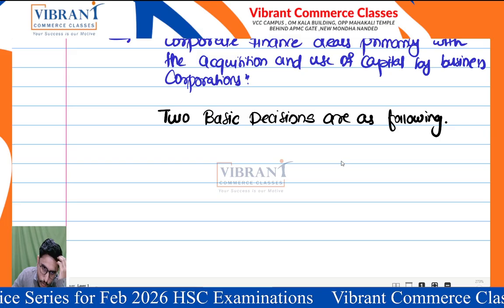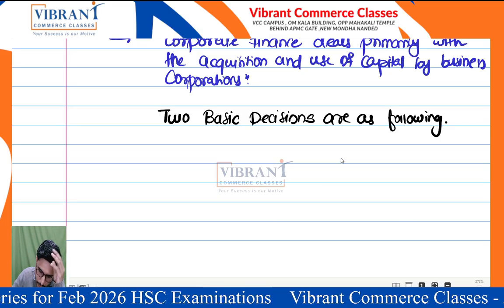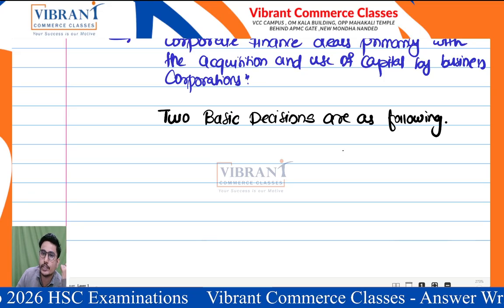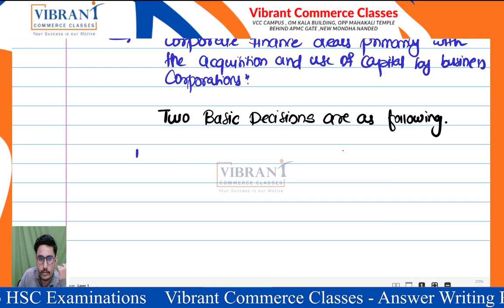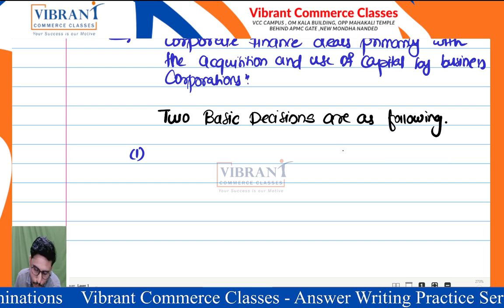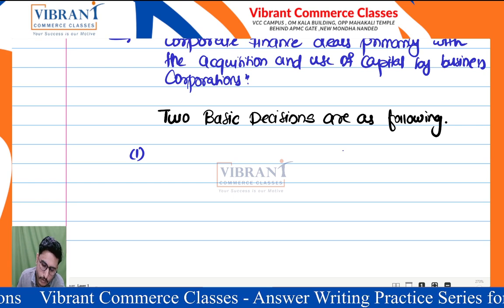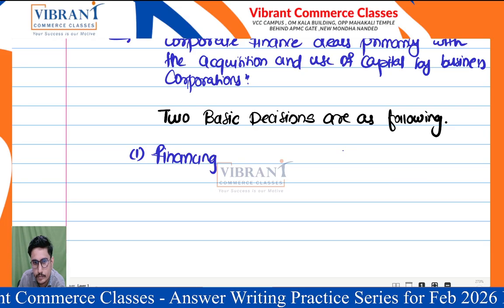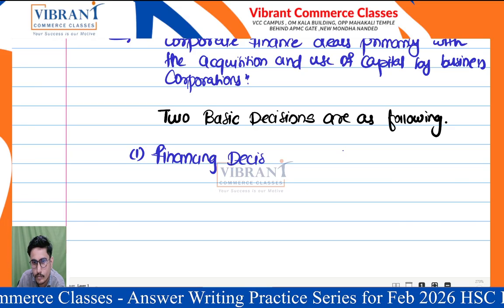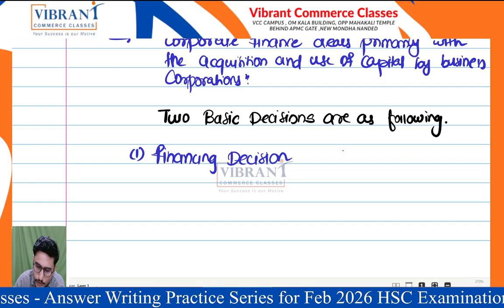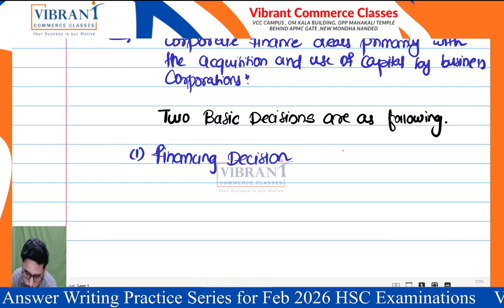At least you have to use a black pen or a blue pen depending on your choice. First one is financing decision. The first is financing decision and the next is investment decision.